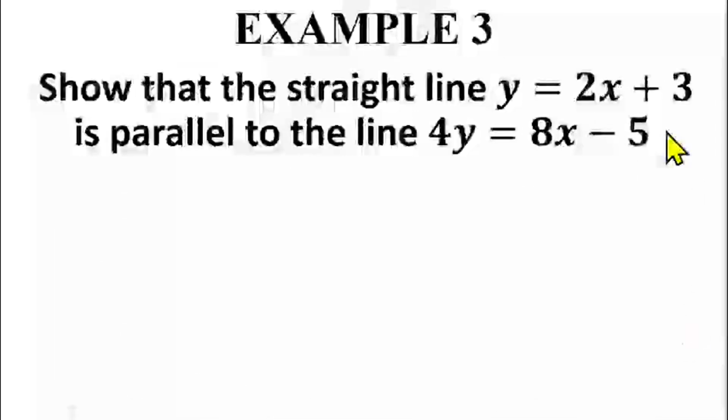Alright. We can also be given the equations of two straight lines, and then you have to show that they are parallel or perpendicular. So like this question now, we have to show that the straight line y equals 2x plus 3 is parallel to the line 4y equals 8x minus 5.